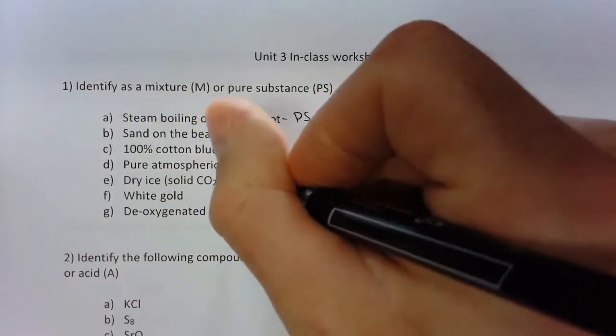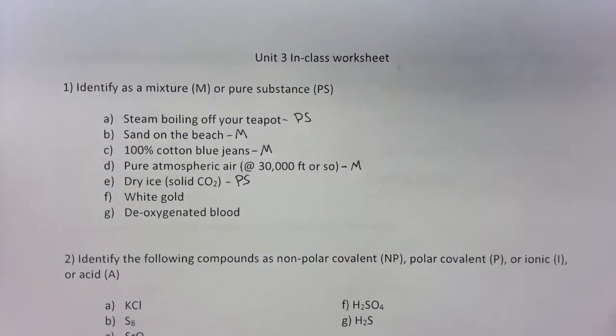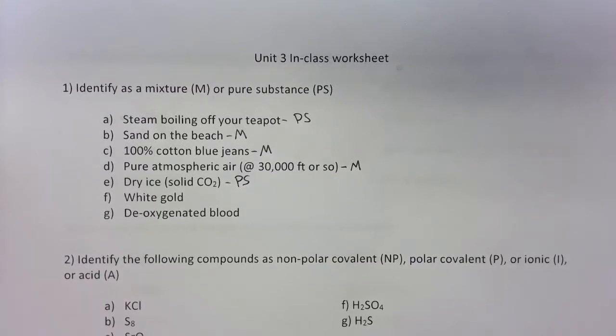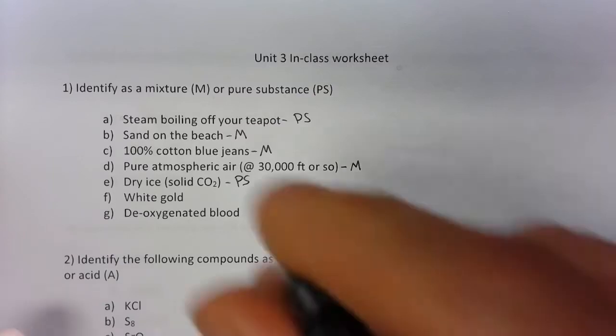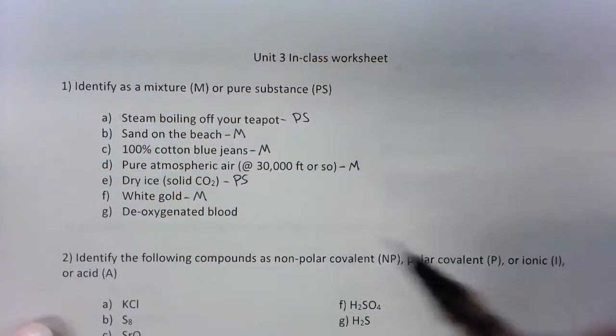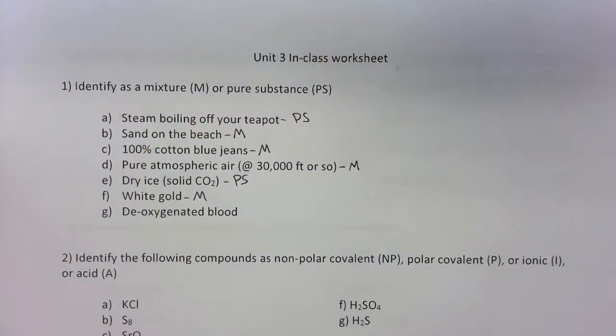Dry ice, pure substance. Again, we're assuming that all of the dry ice is just CO2, and since it is just one component, one compound, and nothing else, then that makes it a pure substance. White gold, this is a mixture. Gold is gold colored. White gold has a different metal added to it in order to make it silver colored.